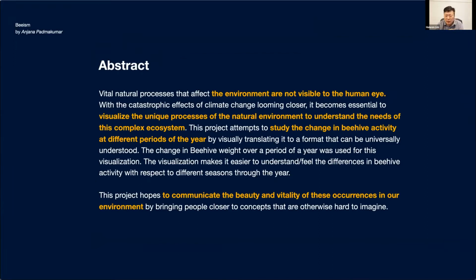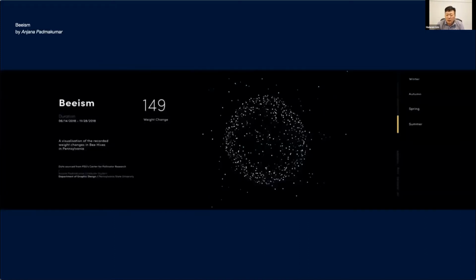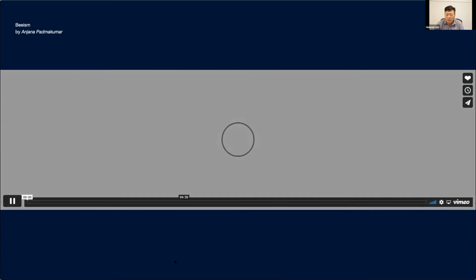This is also based on the research done by the Pollinator Research Center and the other institutions. So she gathered all the different data sets to use for visualization. And Angena created the motion using JavaScript. So this is the outcome she did.